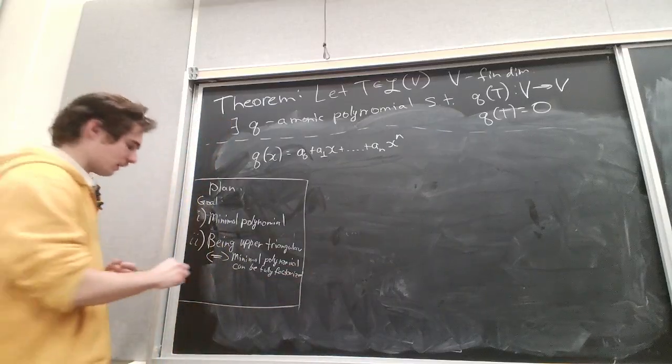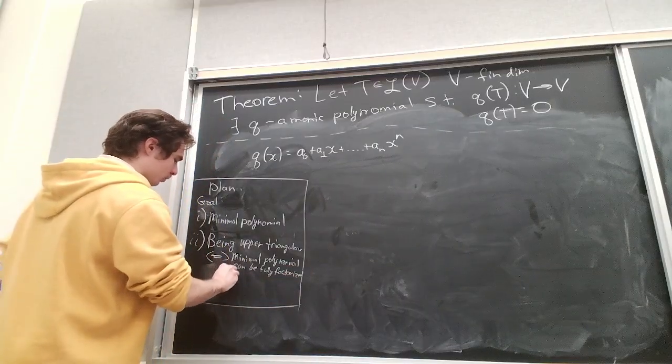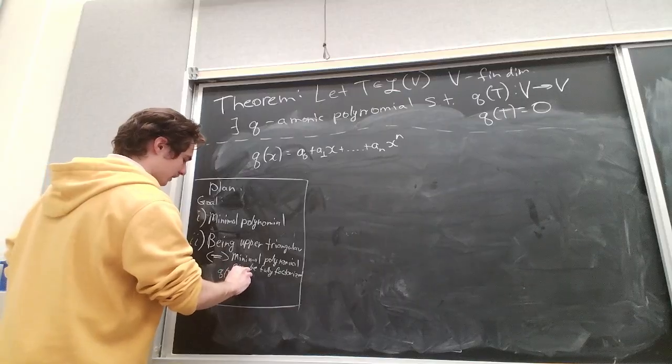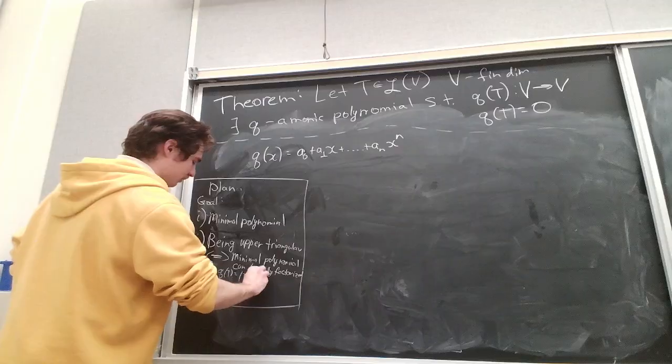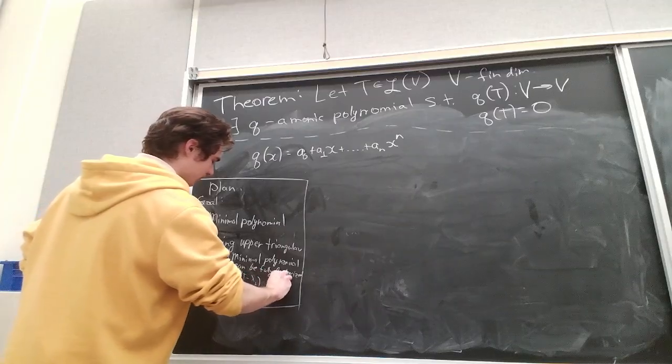Roughly, that Q of T is equal to T minus lambda 1 dot dot dot T minus lambda m.